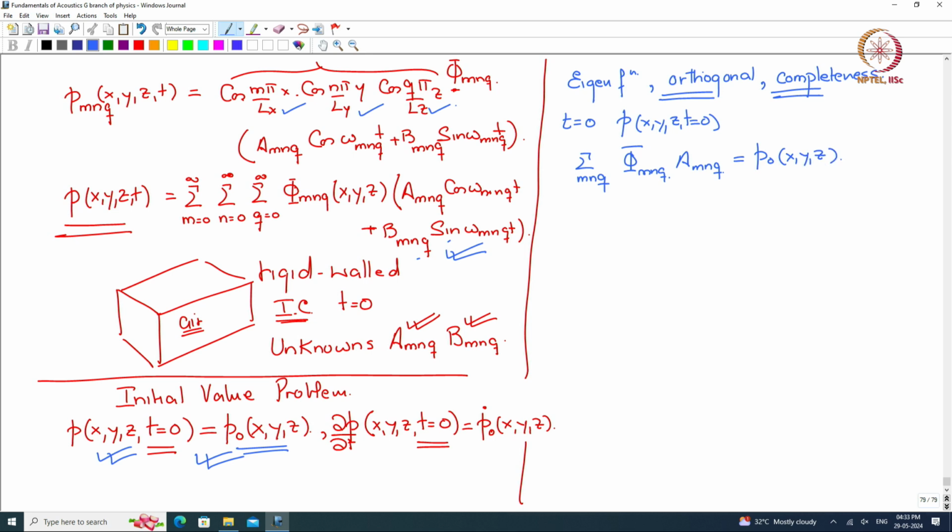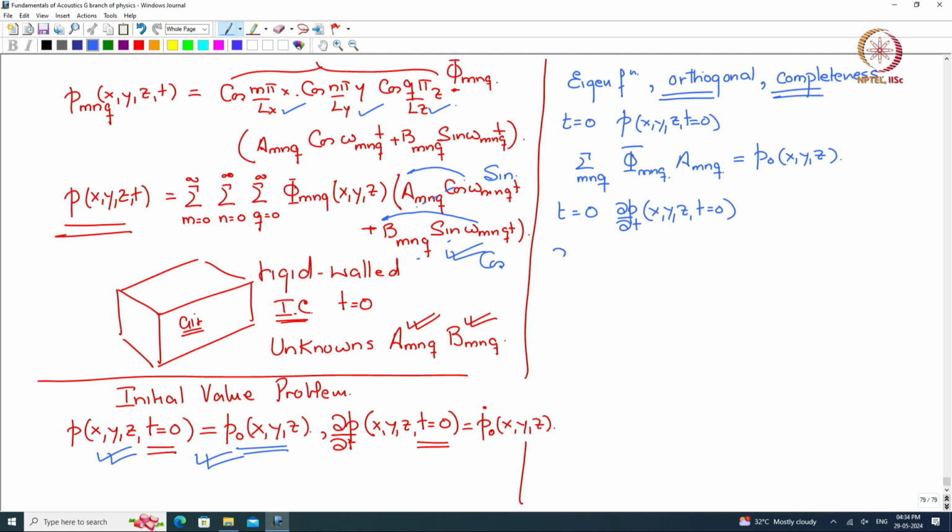Similarly, at time t equal to 0, del p by del t at (x, y, z), what is that? That is going to be a derivative of this with time. If I differentiate, I will get an omega_mnq out here and a minus sign, and a cosine with a plus sign. So this becomes cosine, that becomes sine. At time t equal to 0, this is gone, so this remains.